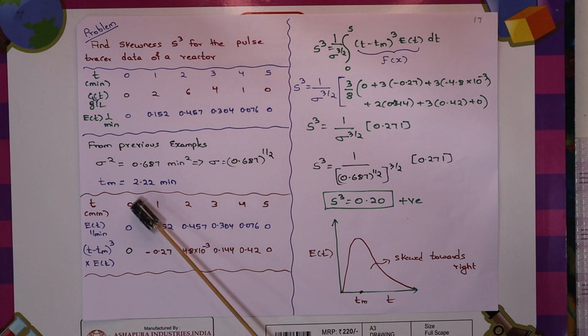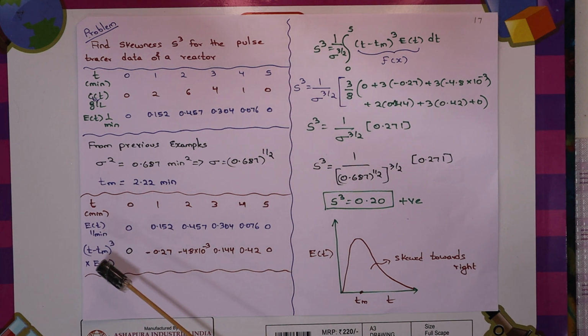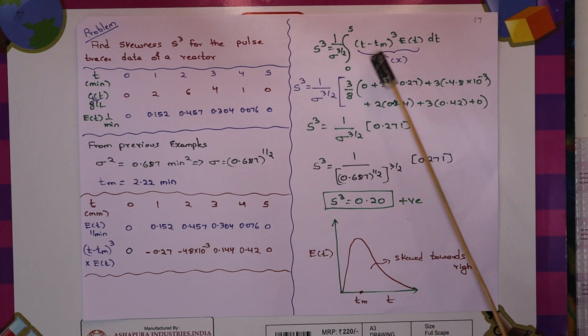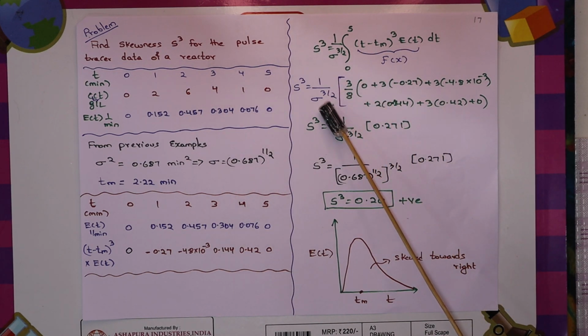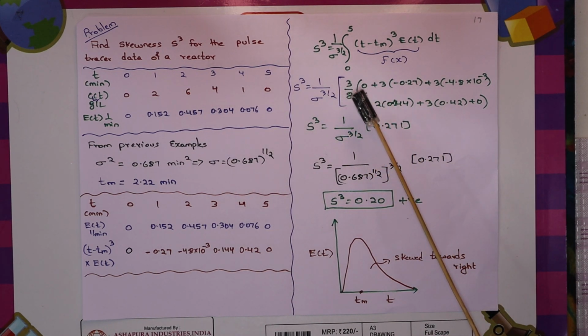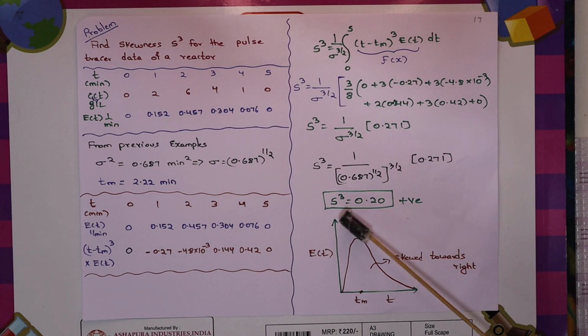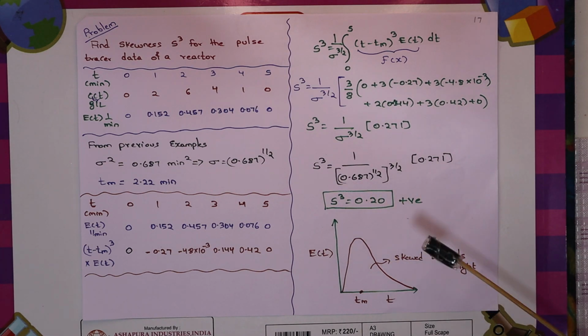Once I get this information, I use the integration formulas, the 3 by 8 rule, adding up all the data based on the formula I have shown, to compute 1 by sigma power 3 by 2 times the integral. Finally I got skewness equal to 0.2.